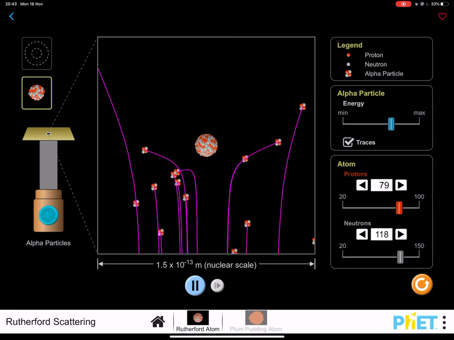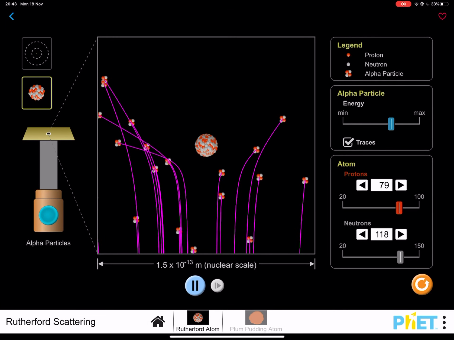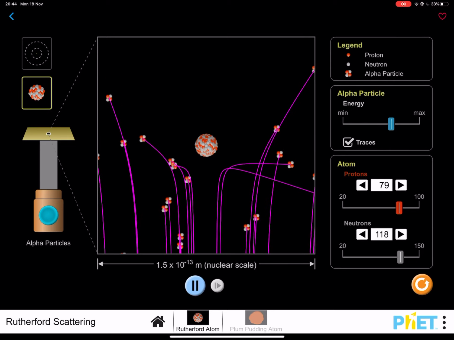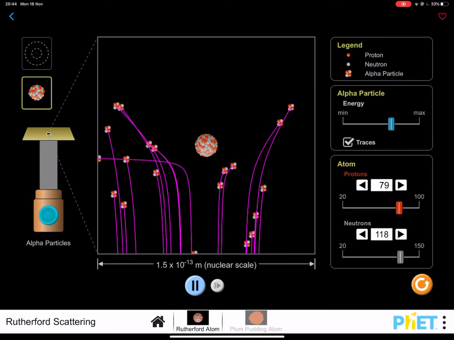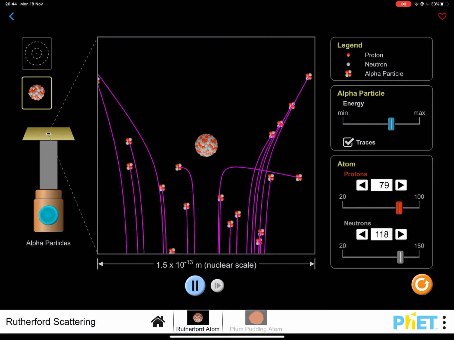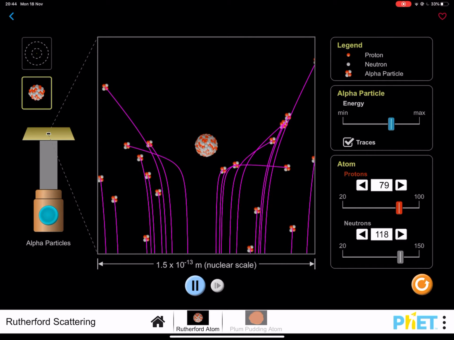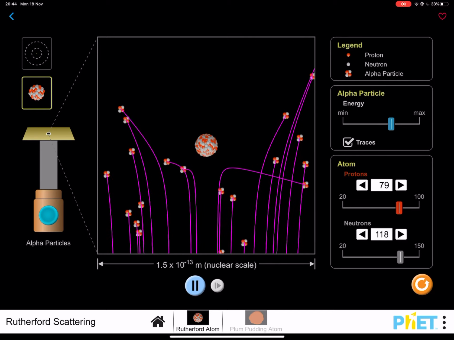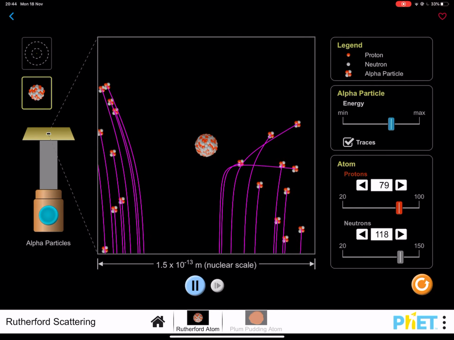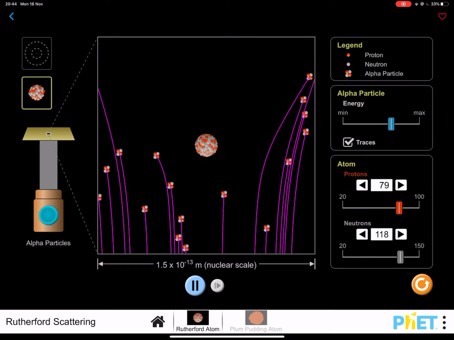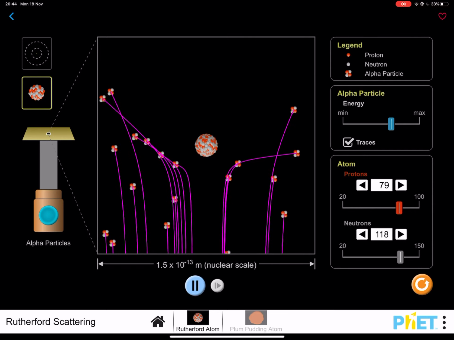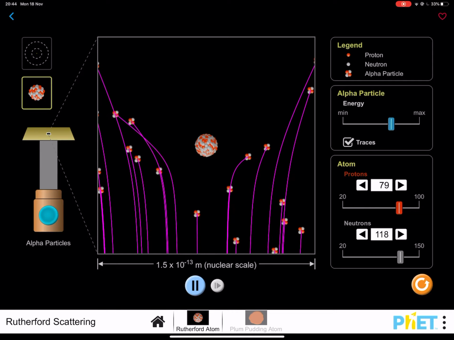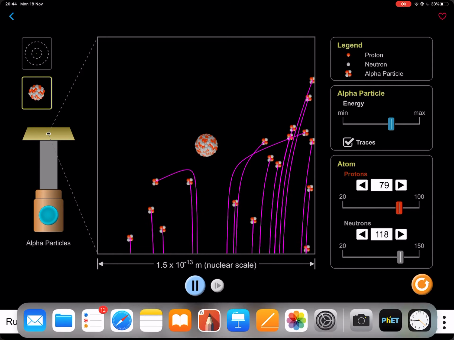So when you bring two positive charges close to each other, there is going to be a repulsive force. As the alpha particles get too close to the nucleus, there is a deflection in the trajectory of the alpha particle. So how can we explain this?